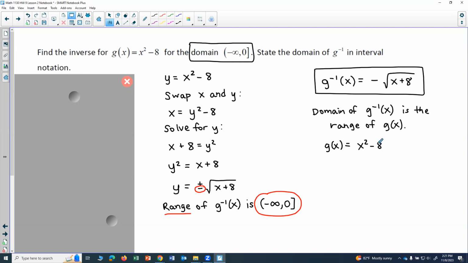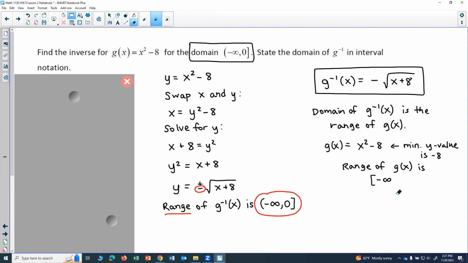And this is a quadratic, so I can figure out that the minimum y value here is going to be -8. And so the range of g of x is going to be -8 to infinity. And I wrote that wrong. I wrote -infinity, but I meant to write a -8.